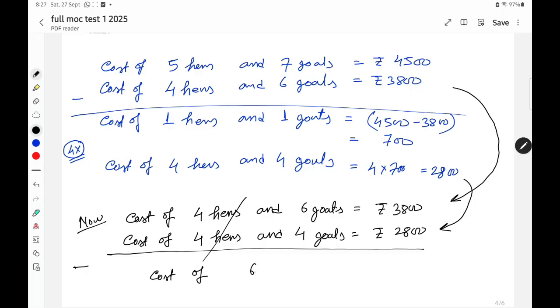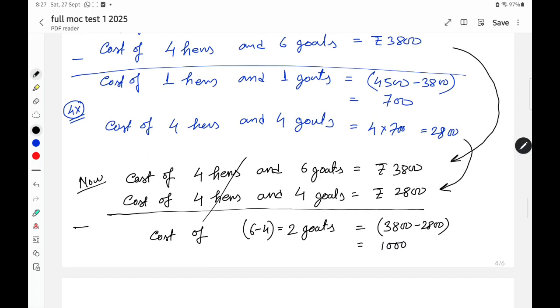Cost of 6 minus 4 equal to 2 goats equal to 3800 minus 2800. So we get 1000. So cost of 1 goat, 1000 divided by 2, 500.